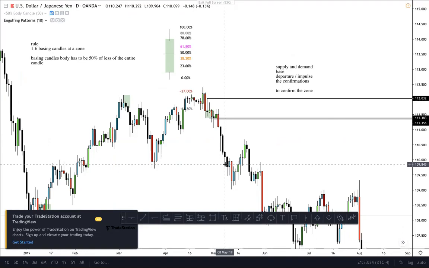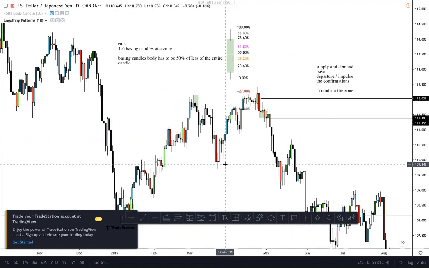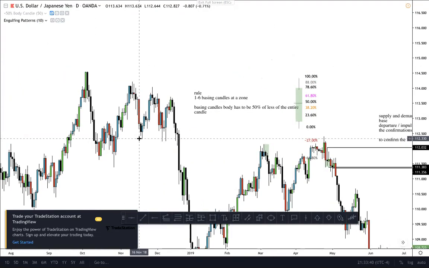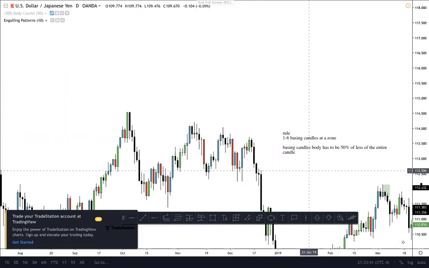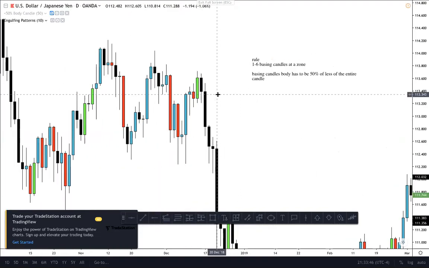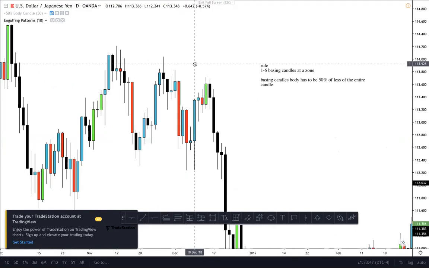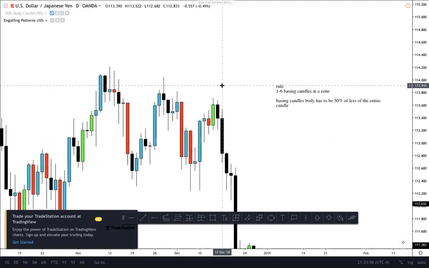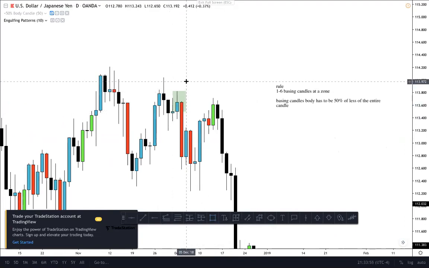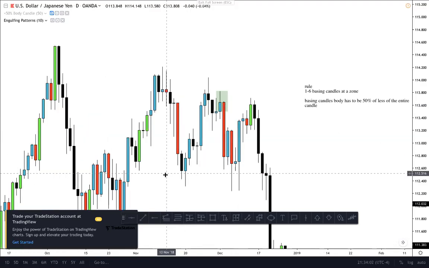So let me find another example to give you, right? Now this would be another example. So we have a basing candle right here. Boom. The market bases, strong impulse away, right? And it probably accomplished a few things.